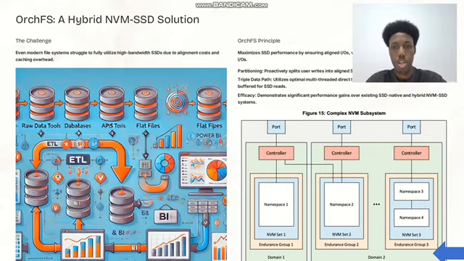Triple data path: utilize optimal multi-threaded direct I/O for SSD, memory semantics for NVM, and buffering for SSD reads. Efficiency demonstrates significant performance gains over existing SSD-native and hybrid NVM-SSD systems.